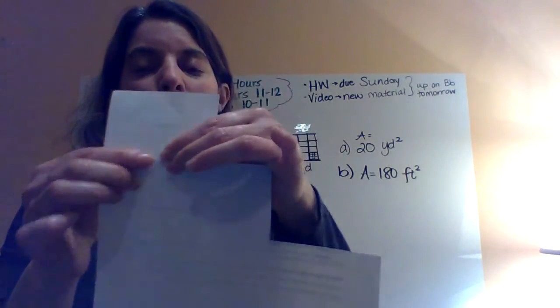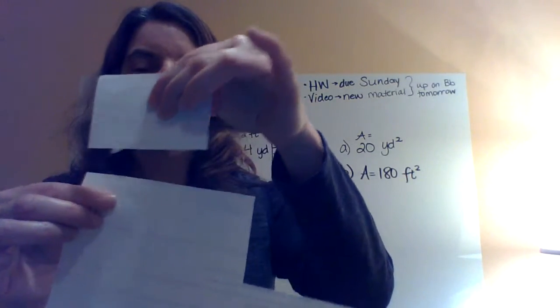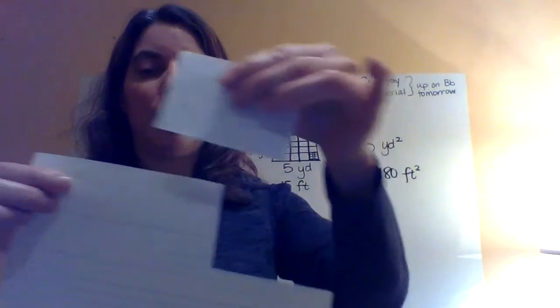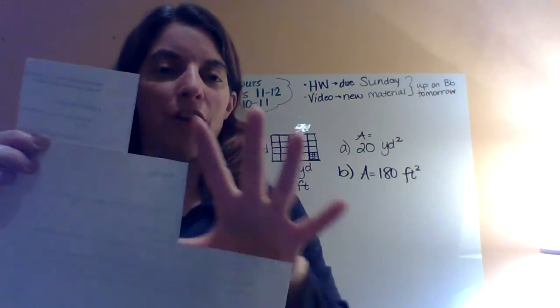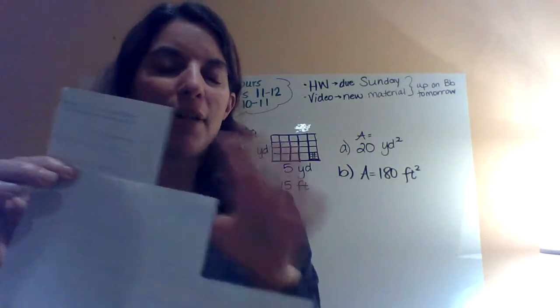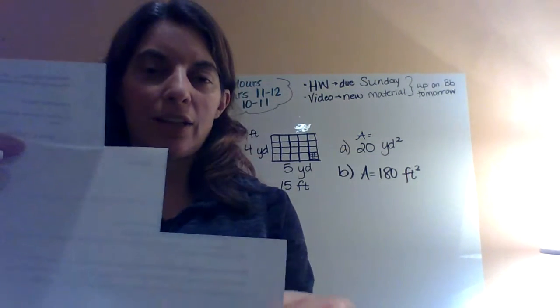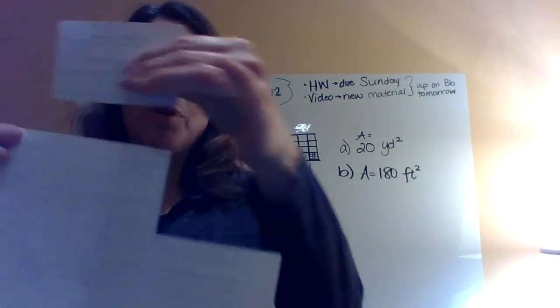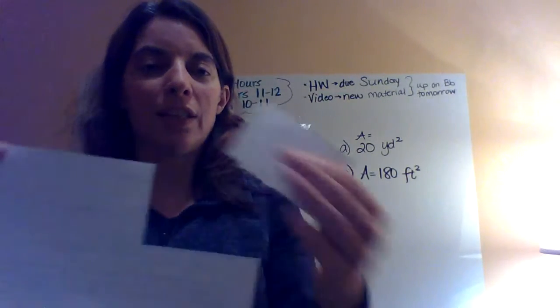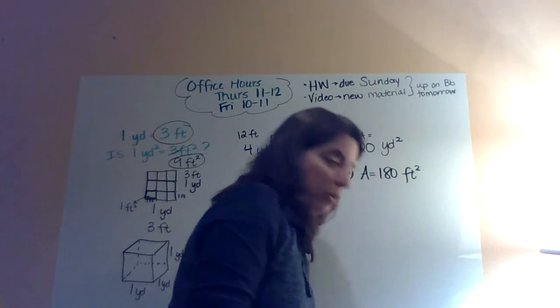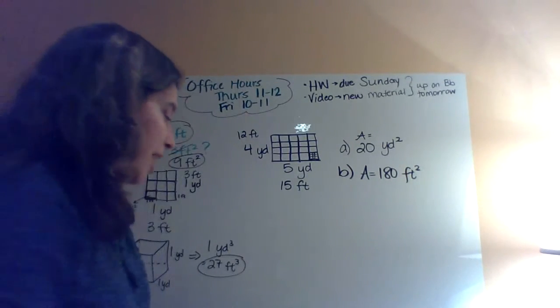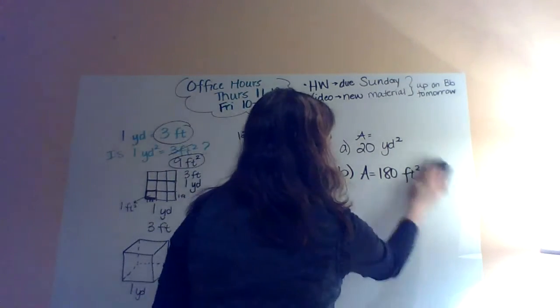But what we can do is think about the fact that when I moved this chunk from here to here, I didn't change the area of this at all, right? I just moved things around. I didn't get rid of anything. I didn't add anything extra. So if we can move things or split things up into shapes that we do know, then that's one way that we can find the area of unusual shapes.